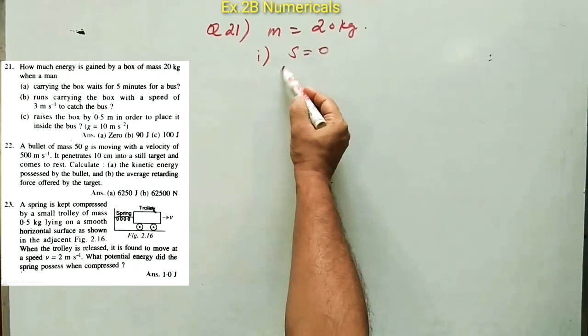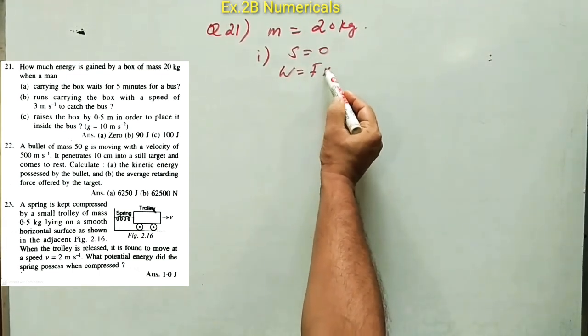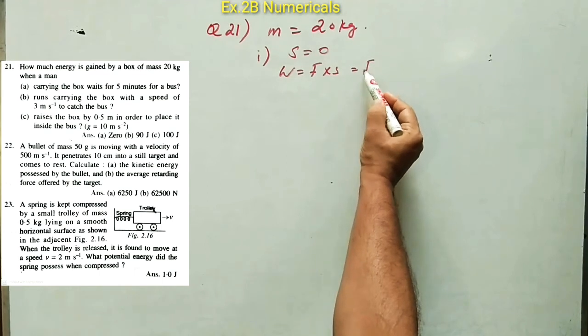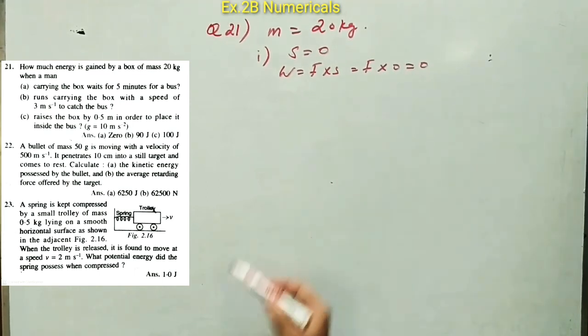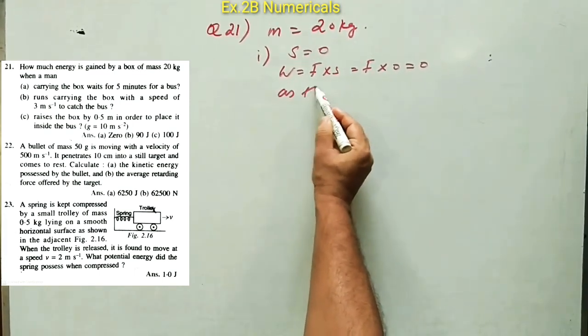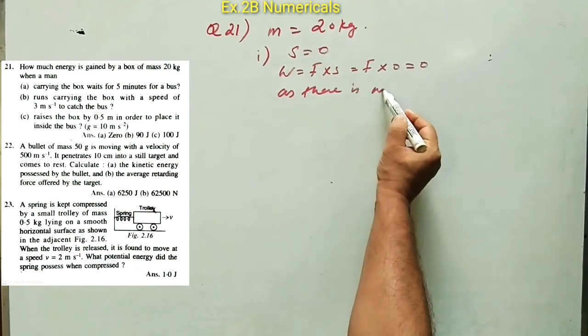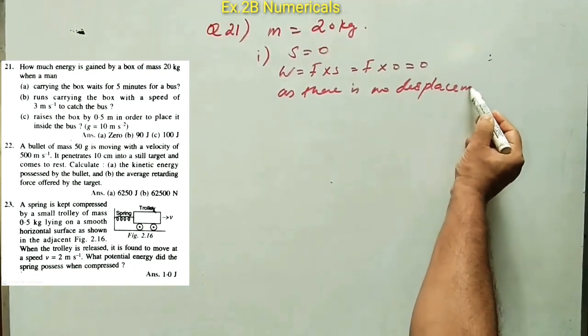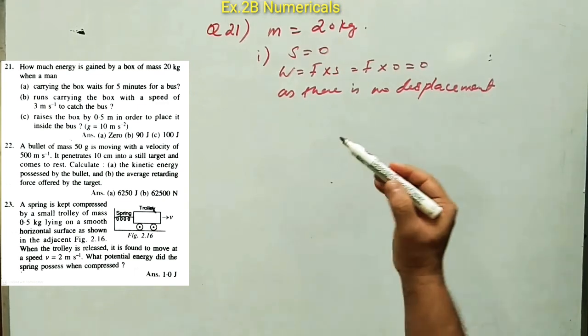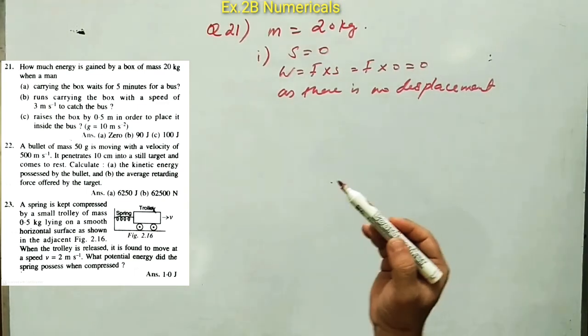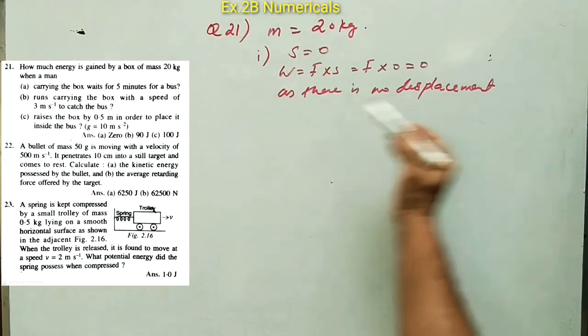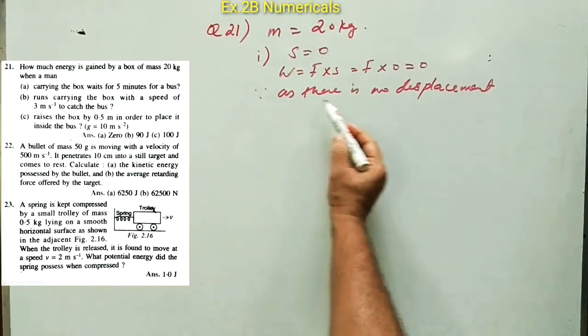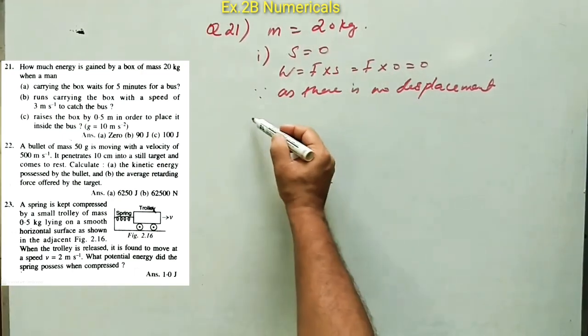According to the formula, work done is equal to force into displacement, so force into 0. So the work done will be 0 as there is no displacement. Clear?